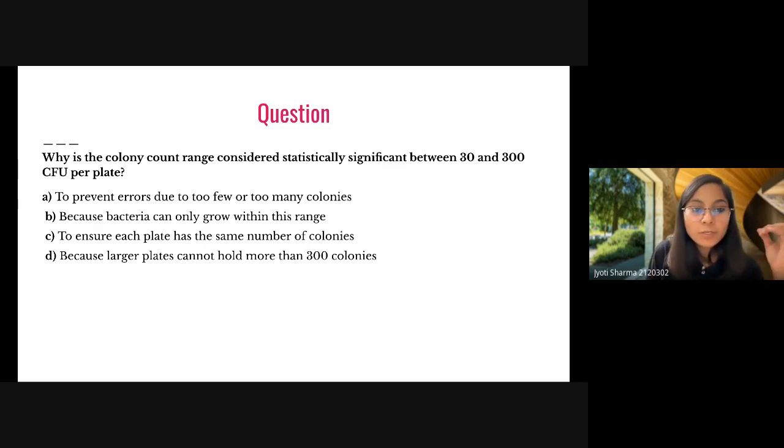So the options are: A, to prevent error due to too few or too many colonies; B, because bacteria can only grow within that range; C, to ensure each plate has the same number of colonies; and D, because a larger plate cannot hold more than 300 colonies. So why do we want the number of colonies between 30 and 300 per plate?